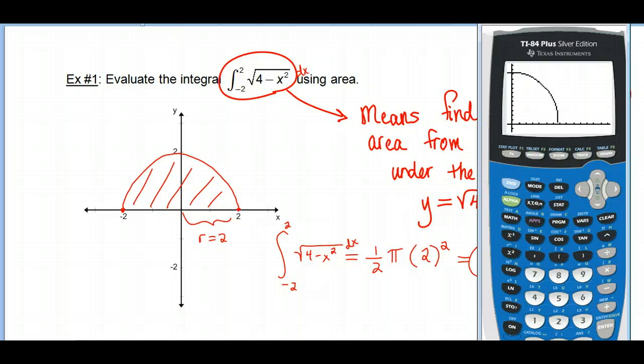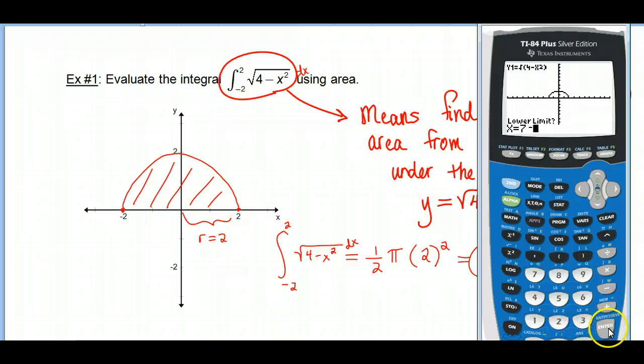Then if I go second calculate, and I want number 7. Oh, let me zoom 6 first. There we go. There's my semicircle. So if we go to calculate, and we do number 7, I'm just doing it in the graph.